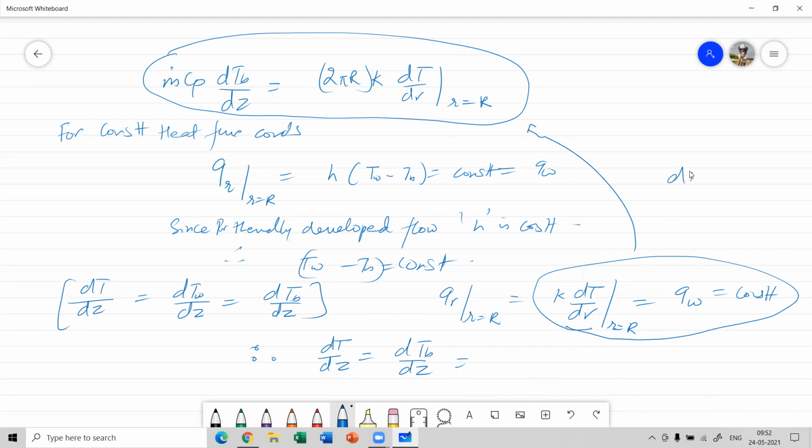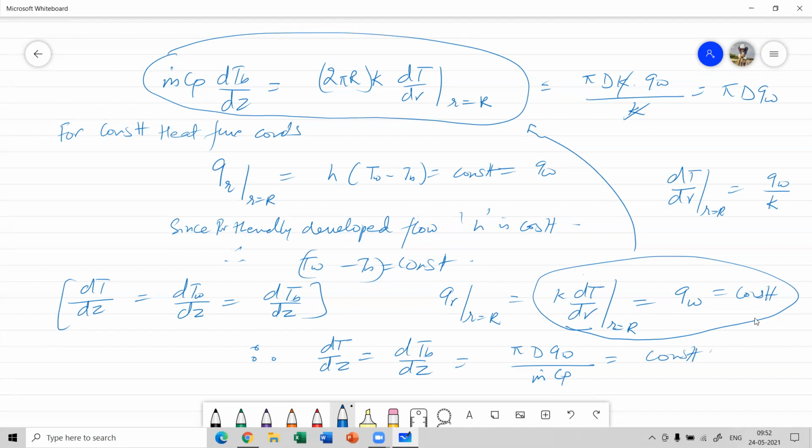If you put dT by dr at r equal to capital R as qw by k and substitute over here, 2 pi r can be written as pi d into k into qw by k. K gets cancelled, so it is pi d into qw. And what is the expression of dTb by dz from here? That will be pi d qw by m dot Cp, which is again, all these terms are constants.